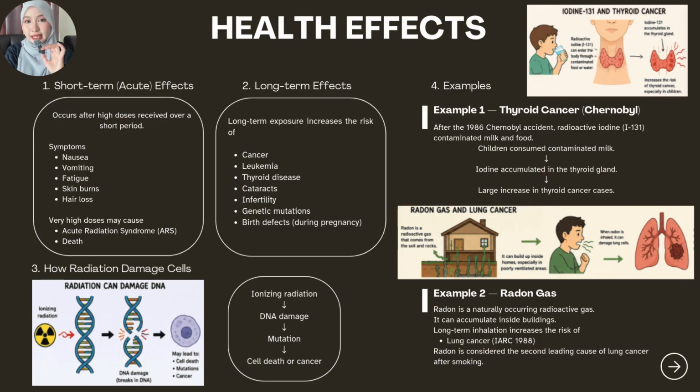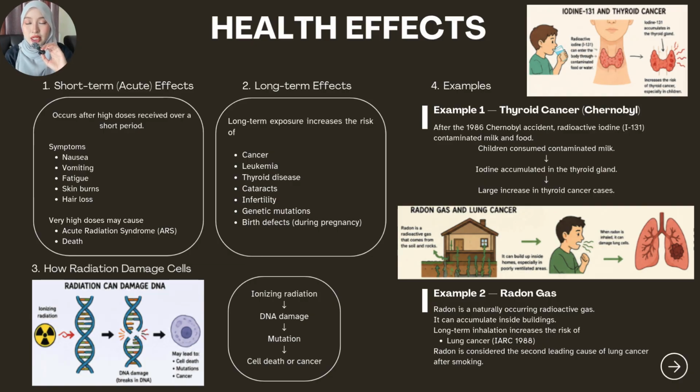And finally, let's discuss the health effects of radioactive materials. A high dose of radiation over a short period can cause acute effects, such as nausea, vomiting, fatigue, skin burns, and hair loss. In severe cases, it can also lead to acute radiation syndrome, or ARS. Meanwhile, long-term exposure increases the risk of serious diseases, including cancer, leukemia, thyroid disease, infertility, and genetic mutation.